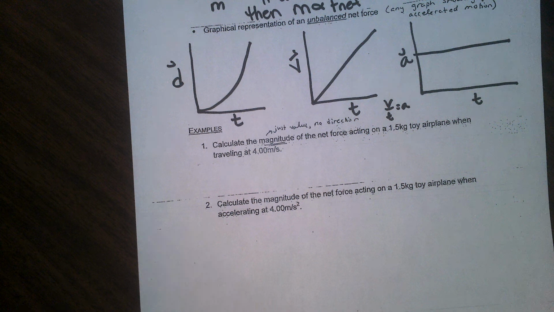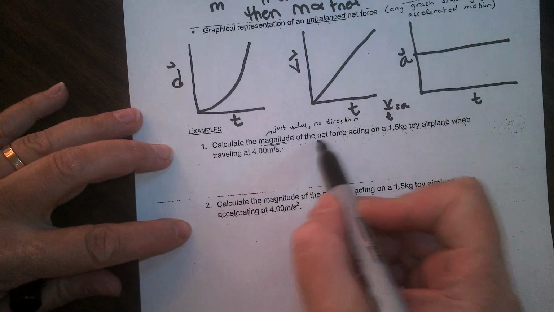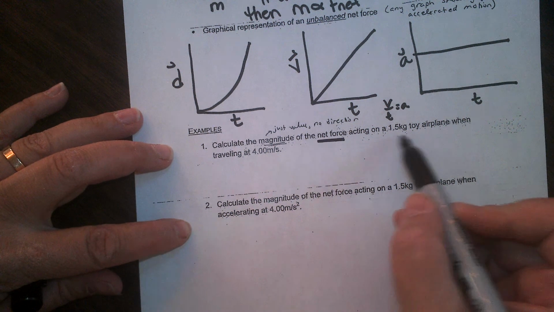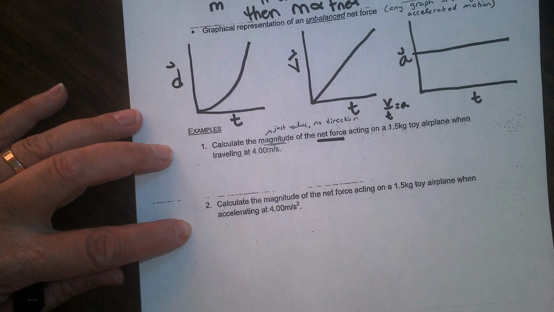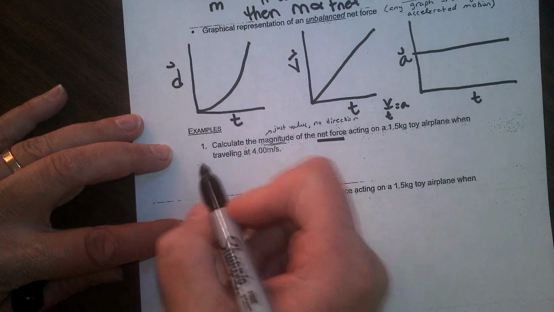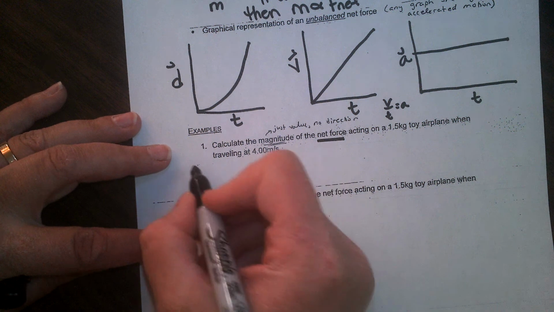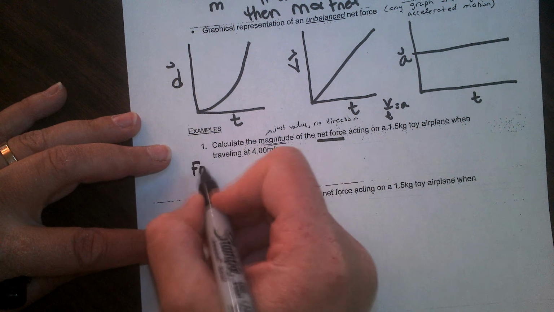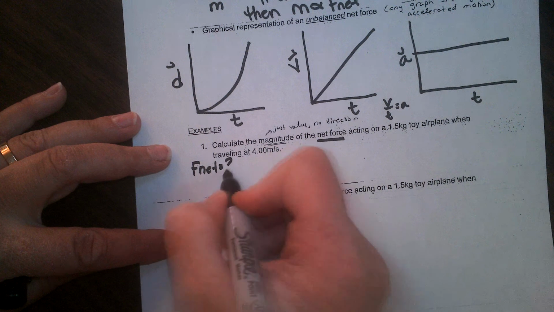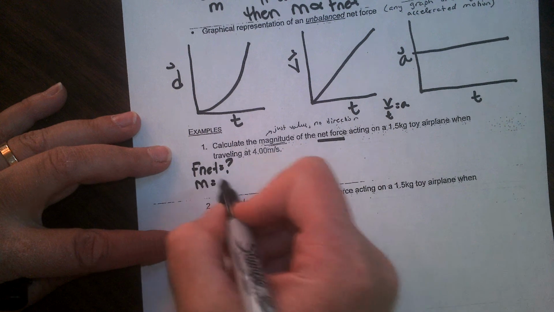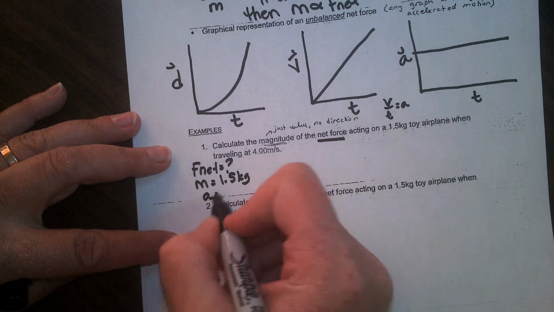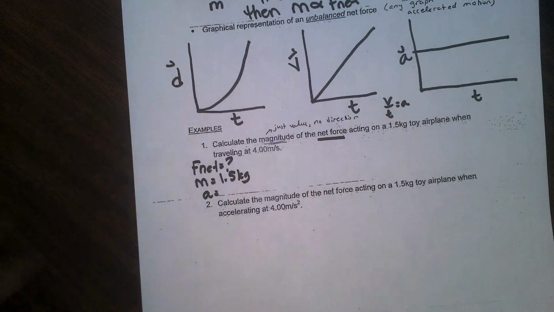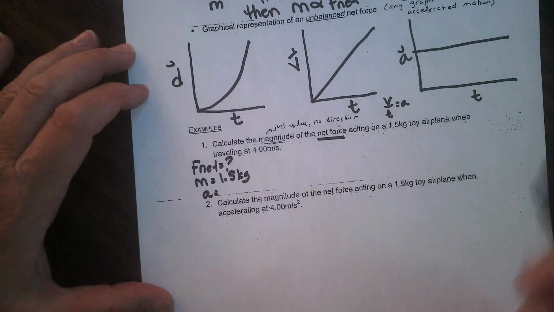So it's saying here, calculate the net force acting on a 1.5 kilogram toy airplane when traveling at 4 meters per second. So like good physics students, we're going to go, I'm looking for force net. My mass is 1.5 kilograms. My acceleration is, and we don't have acceleration, so we go back to the question.